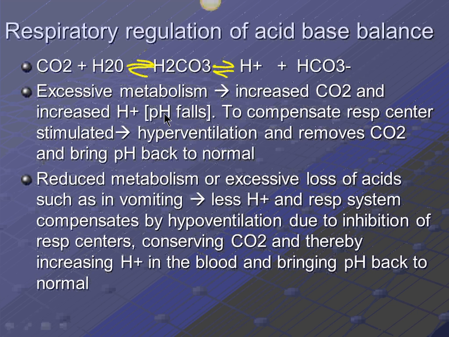So to compensate, if you remember from the respiratory system, carbon dioxide was a very powerful respiratory stimulant. So this increases respiratory ventilation. When that happens, you keep flushing out the carbon dioxide.